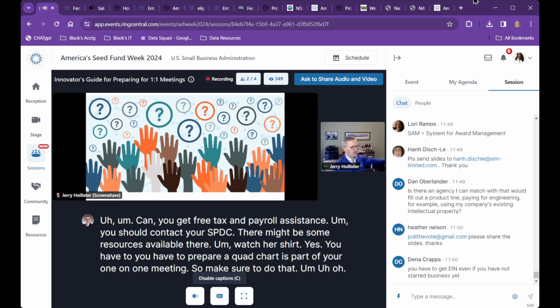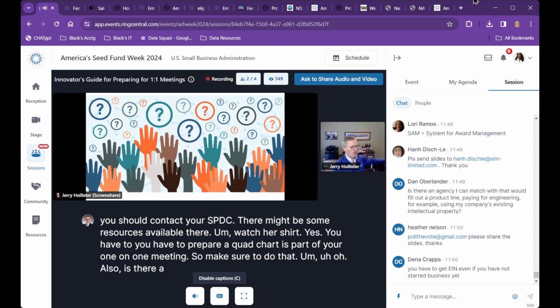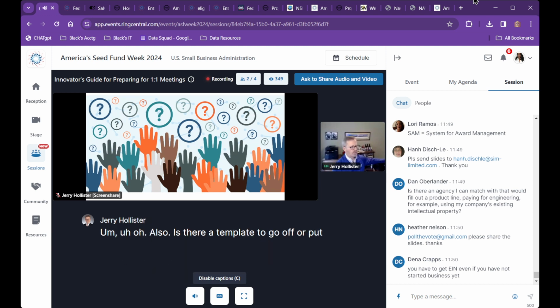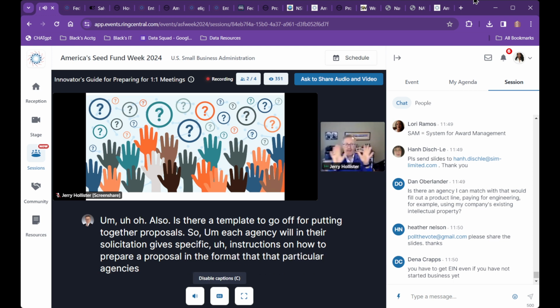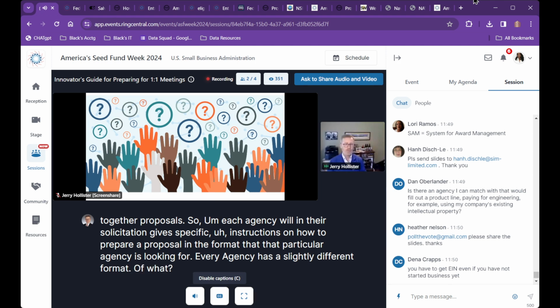Proposal. Is there a template to go off for putting together a proposal? So each agency will, in their solicitation, give specific instructions on how to prepare a proposal in the format that that particular agency is looking for. Every agency has a slightly different format of what they want to see and in what order they want to see it.